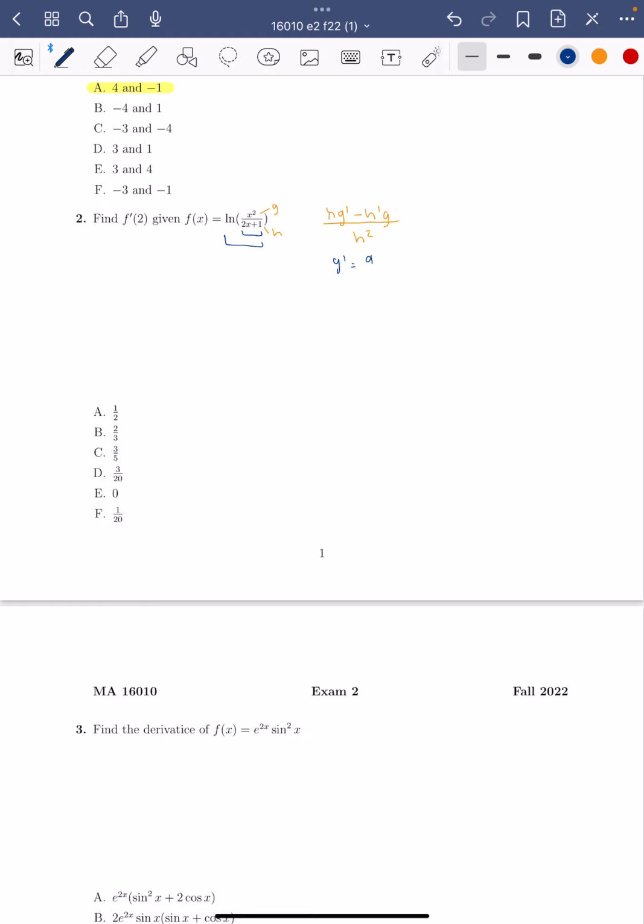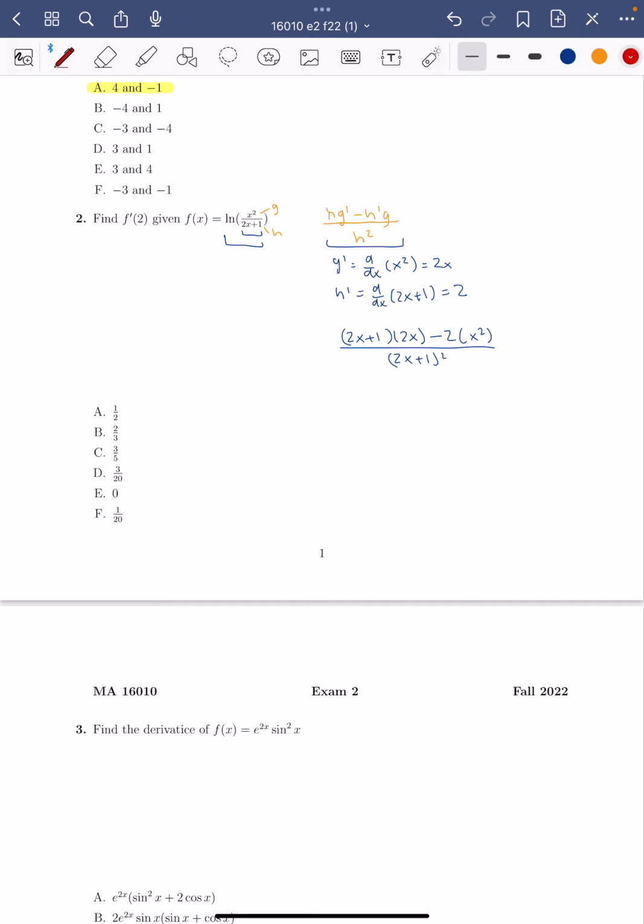G prime equals the derivative of x squared, which is 2x, and h prime equals the derivative of 2x plus 1, which equals 2. Now, if we plug all of this back into the equation for quotient rule, we would get h, so that's 2x plus 1 times g prime, which is 2x, minus h prime, which is 2 times g, which is x squared, all over 2x plus 1 squared.